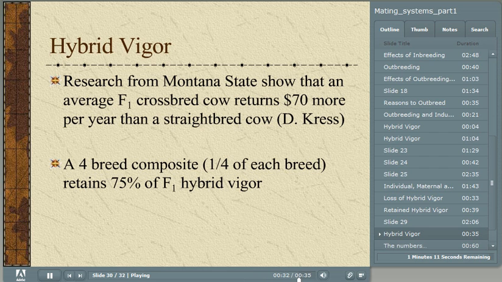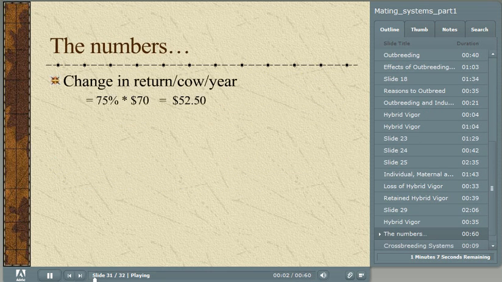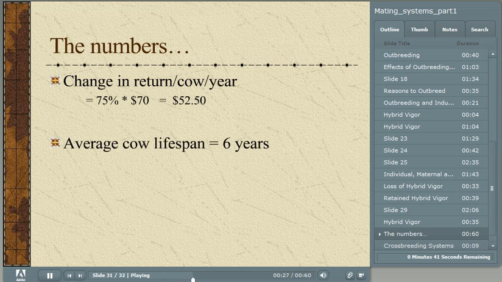So what does that mean as far as profitability? Well, if you do the math, the change in return per cow per year is $52.50 increased return from a 4-breed composite per year over the average of the parental breeds. 75% retained heterosis, $70 increase in net returns per year per cow in an F1 female first cross. Multiply those together and we get $52.50.